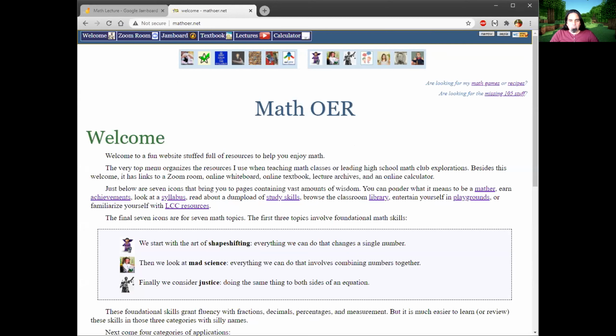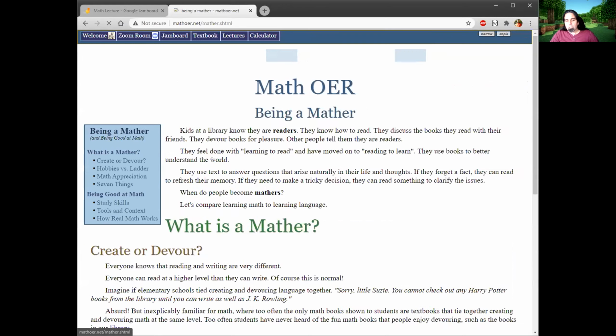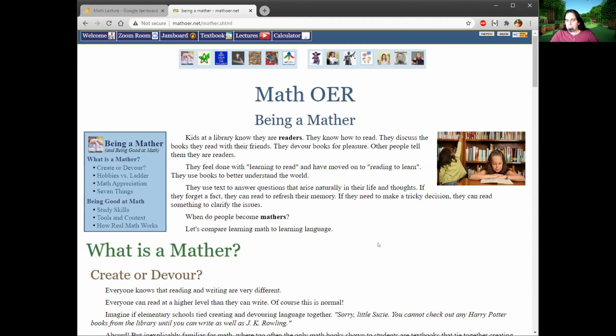Okay, let's keep going. Then in the website, there's these links at the top, and these are not the math topics. They are other parts of this website. So the first one talks about what it means to be a mather. And mather is a made up word, but we know what it means to be a reader. So what does it mean to be a mather? When do you sort of pass go?